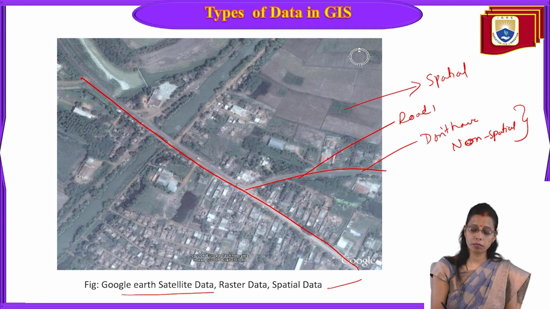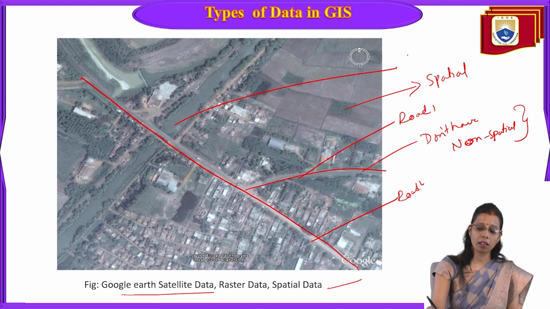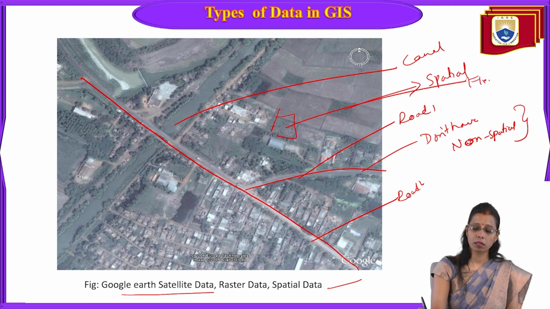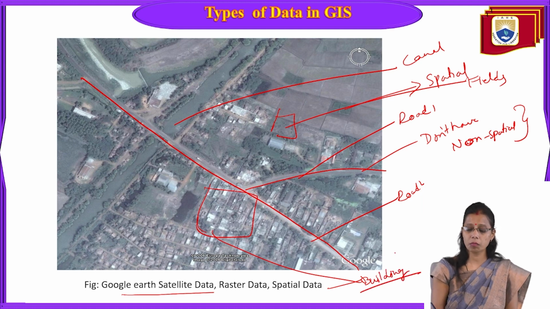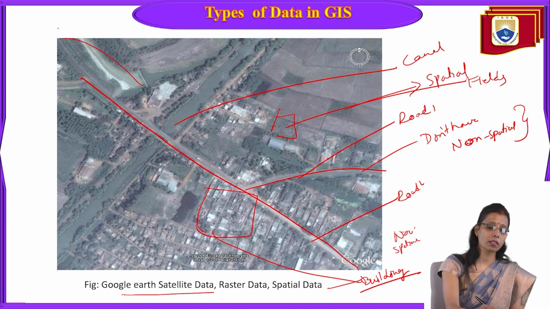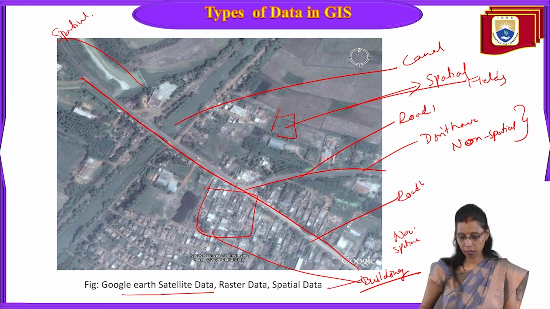Road 1, road 2, or this is a canal, right? These are the fields. Okay, this is the building. Okay, so this all information once you add, that becomes non-spatial, and this is called as spatial, right?